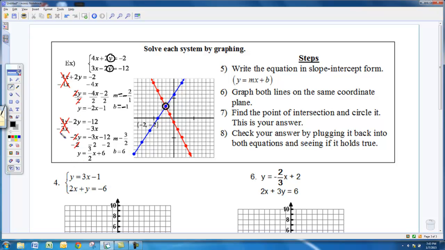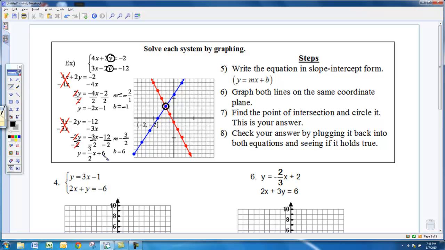First step, move the x's to the other side of the equation by subtracting 3x. Bring everything down and then divide everything by -2. After we simplify, we will get y equals 3 over 2x plus 6.